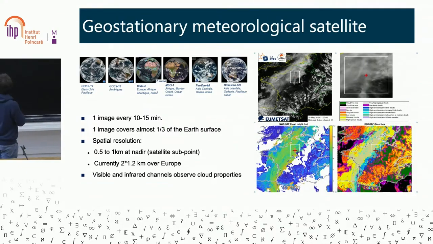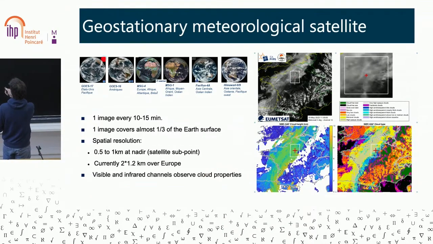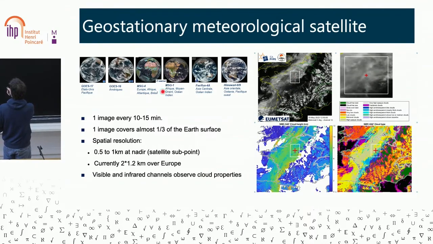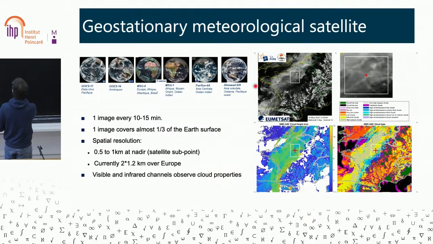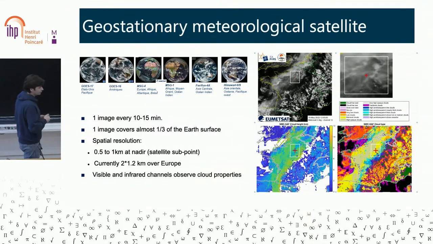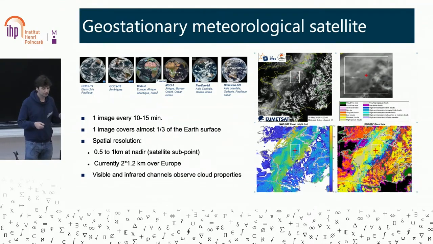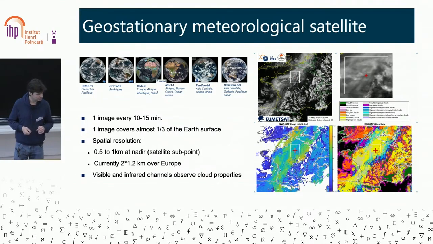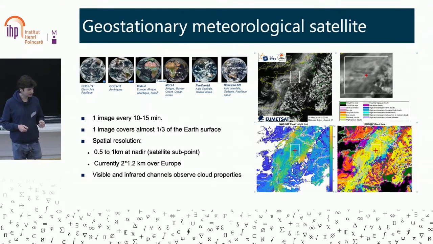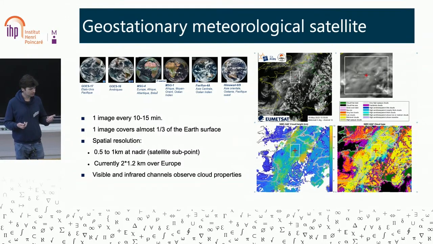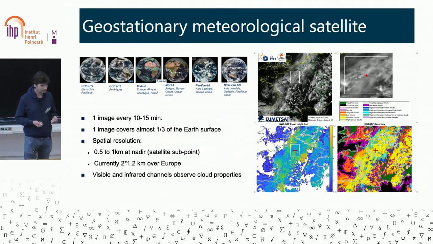Here is an example of 6 satellites from American, European, Chinese, and Japanese agencies. We can cover all the world except polar areas, which are not really visible from such a satellite. And this satellite has the good channels to observe cloud properties.